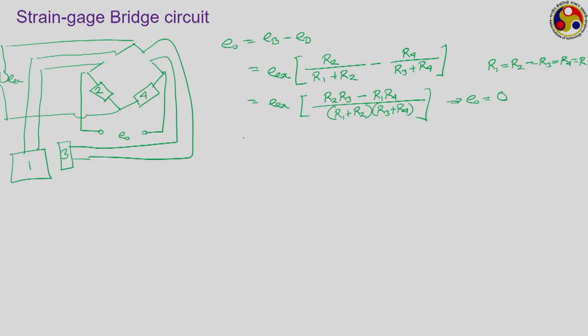Then the resistances of 2, 3 and 4 will remain unaltered, but R1 will change by some delta R amount.